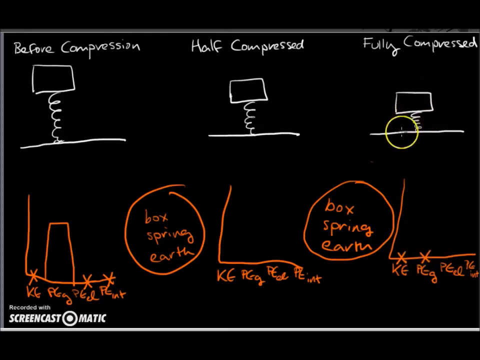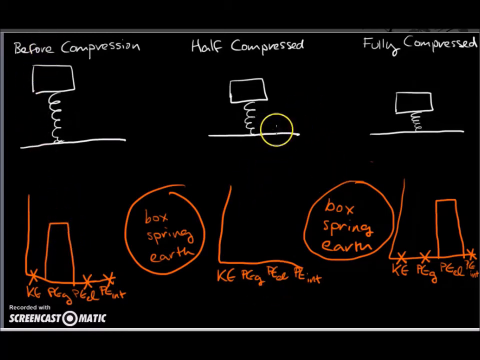However, because the spring is compressed a lot, we have a large amount of elastic potential energy. And because we have no internal potential energy, this elastic potential energy is going to be equal to the gravitational potential energy we had before the spring was compressed, because energy is going to be conserved.